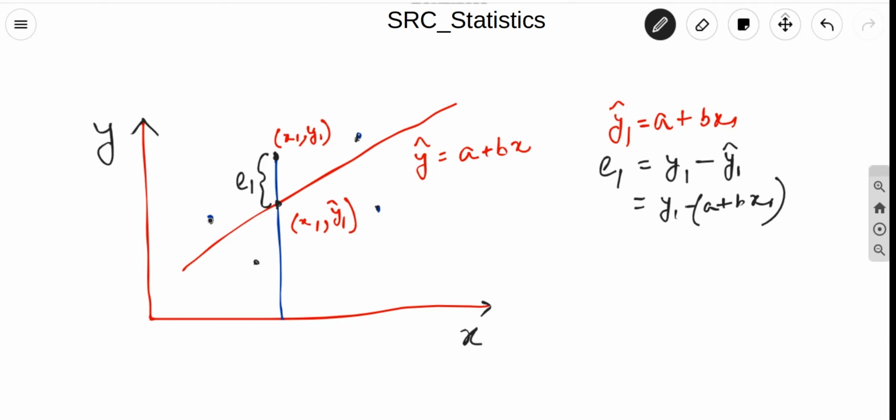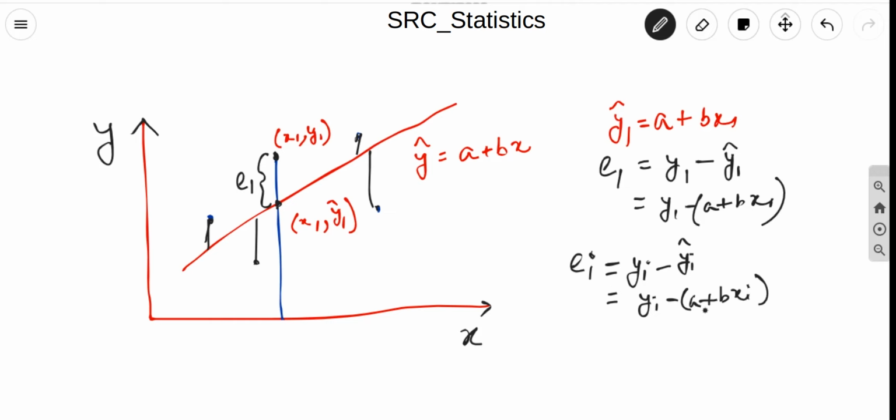For all other points, we draw the perpendicular and find the distance from the actual value to the estimated value. In general, they are given by ei equal to yi minus yi hat, or yi minus (a plus bxi).